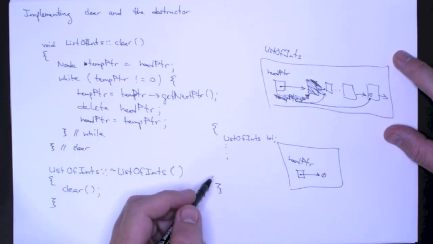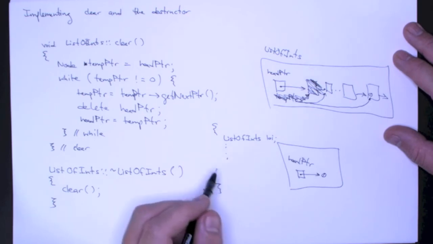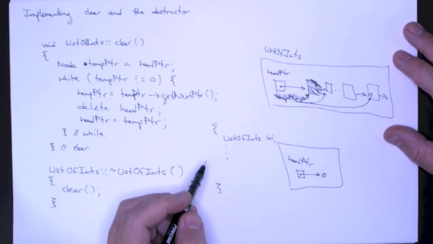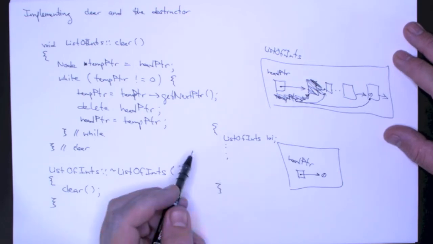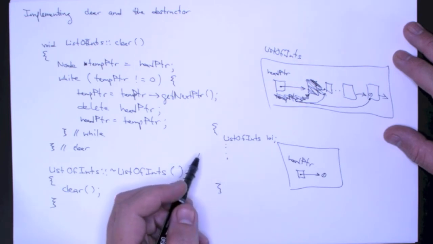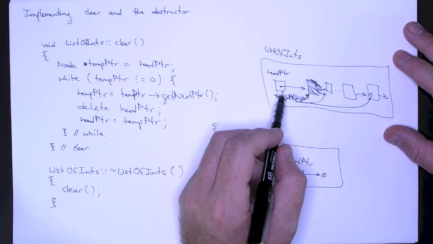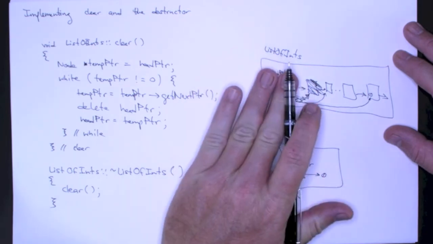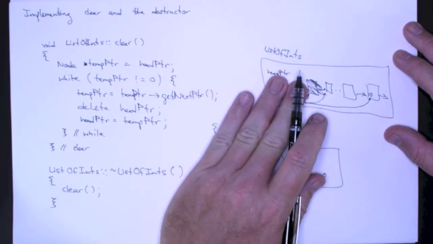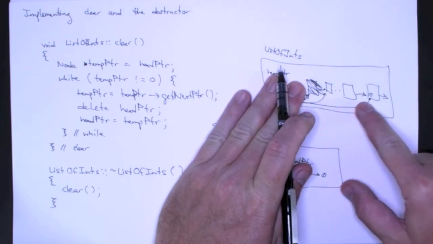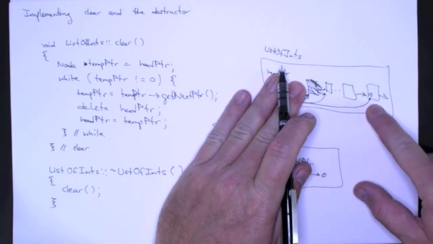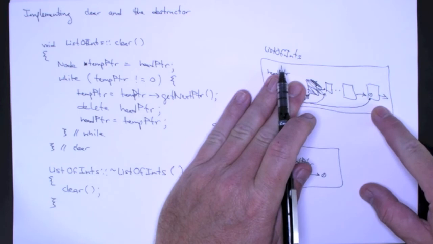When we were talking about the time class, I was talking about this default implementation of the destructor, and how it would deallocate the basic types. The basic type that it's going to deallocate here is the head pointer. What it's not going to do is deallocate all of the nodes that we dynamically allocated.